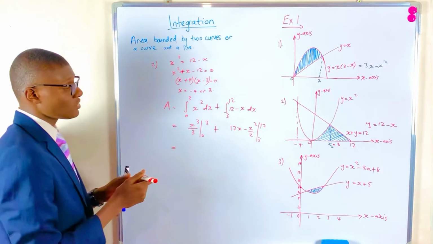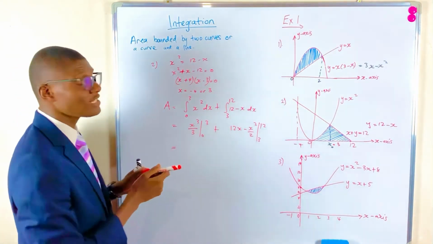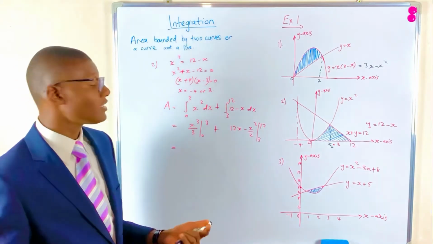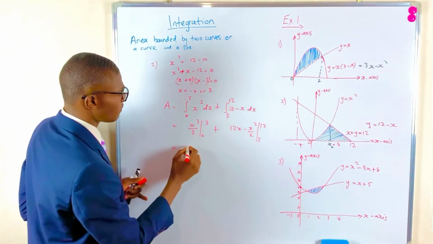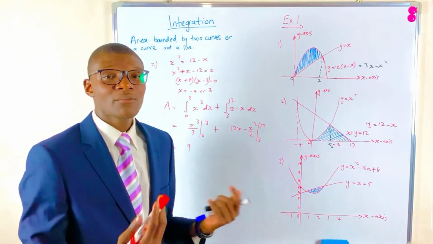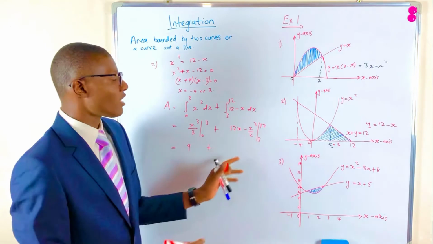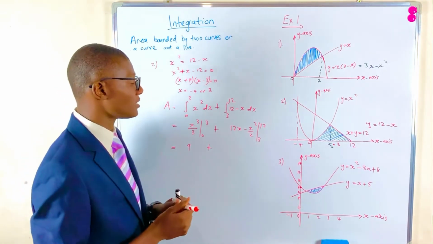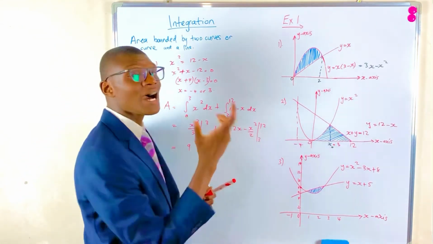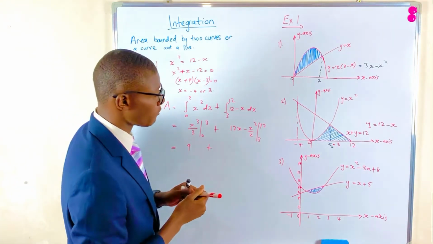And now substituting the limits. For the first one, the upper limit 3, we're saying 3 to the power of 3 will give us 27. 27 over 3, that will give us 9. Then of course, substituting the lower limit, being 0, we still get a 0. Then we're saying plus. Now for this second part, substituting the upper limit, we're saying 12 times 12, that will give us 144.